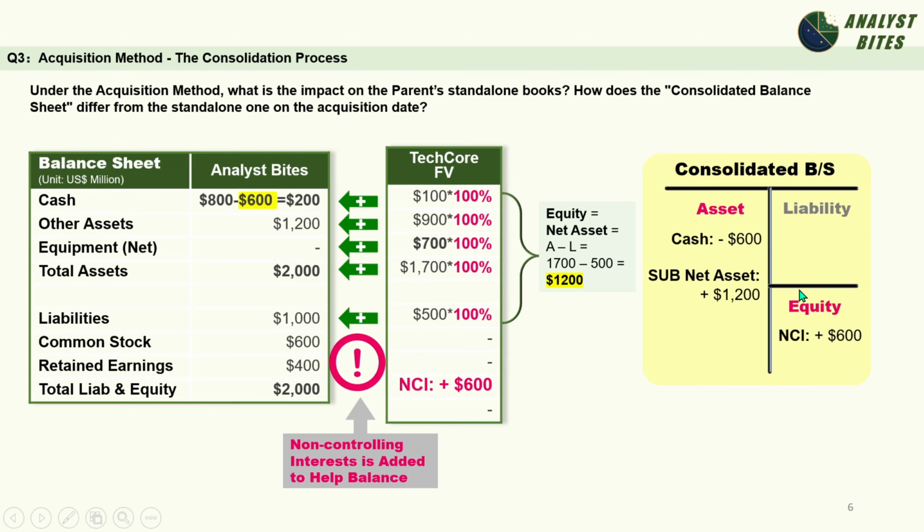To balance this, on the equity side, we must record 600 million of non-controlling interest. This 600 million represents the 50% share that belongs to the minority shareholders. From the group's perspective, they are also owners. Without this NCI entry, the balance sheet will never balance. If you try to add the subsidiaries' equity instead, you will be stuck forever.